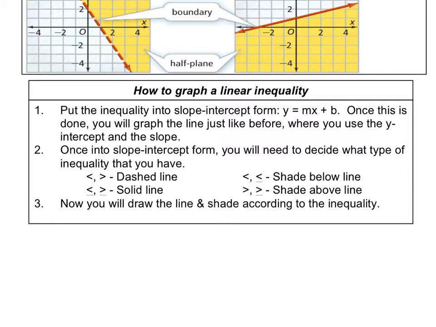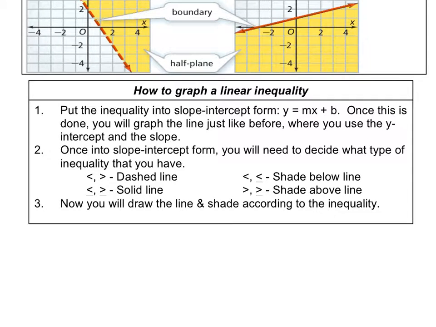Now, let's talk about how to graph a linear inequality. This is a line, that's why it says linear. So we're going to take the inequality and put it in slope-intercept form. Right now, everything you're going to have is going to be in slope-intercept form. Once this is done, you're going to graph that line just like we did before. You use the y-intercept first and the slope.